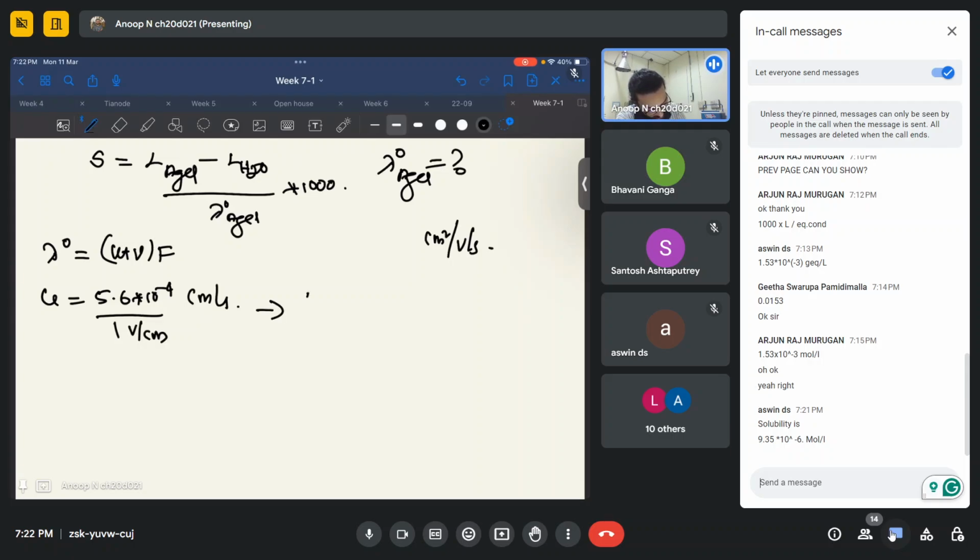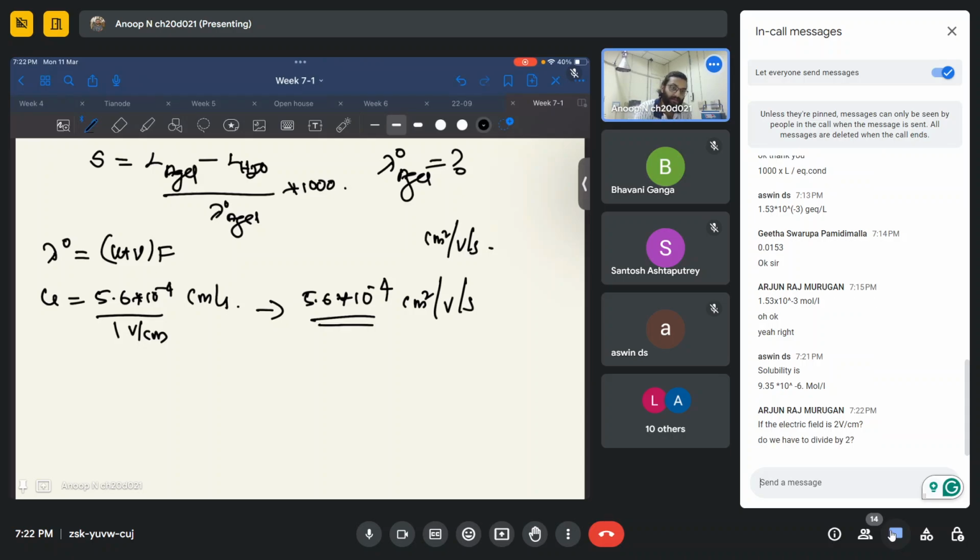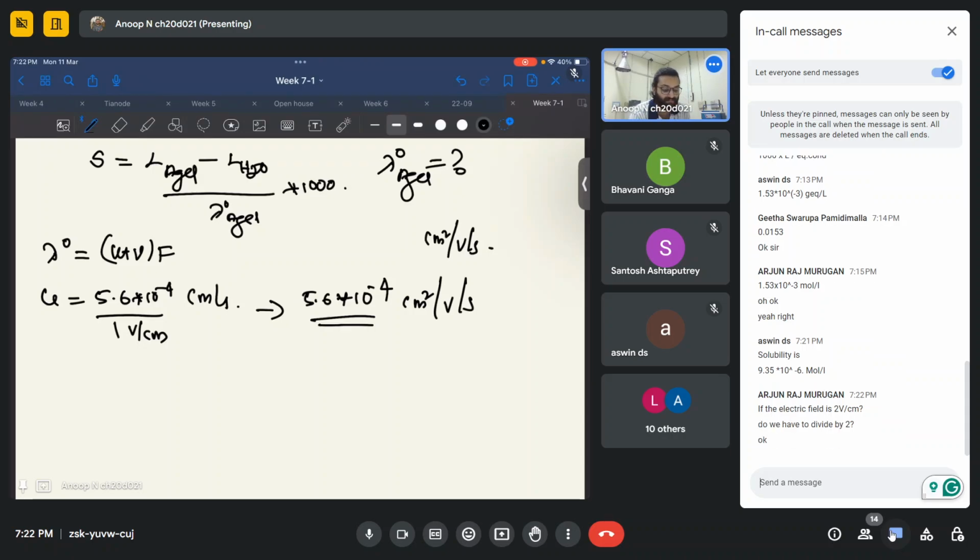So it will ultimately give you 5.6 into 10 raised to minus 4 centimeters squared per volt per second. So you just note it down because here the value is one. If you don't consider it, it will change, right? If it is 2 volt per centimeter, you have to divide it by 2. That's why I just wrote it, because you have to be aware of that electric field.